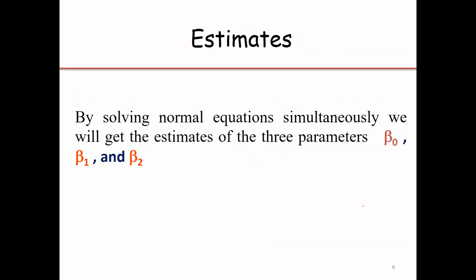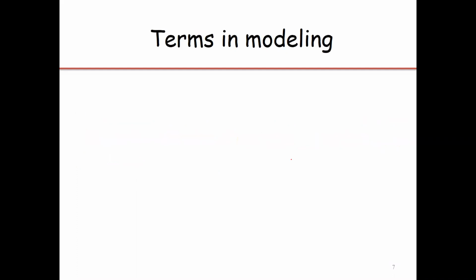Now what are the estimates? The estimates of beta naught, beta 1 and beta 2. These estimates are to be obtained with the help of the sample data. If we have the sample data, we apply the method of least squares to it. With the help of the method of least squares, the model parameters will be estimated.